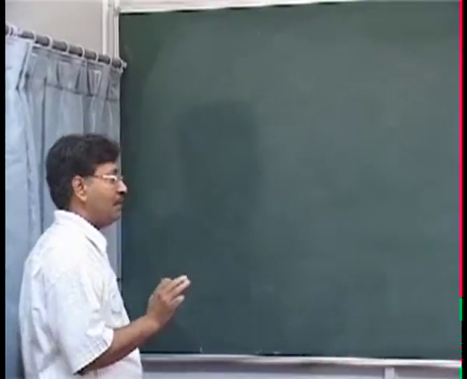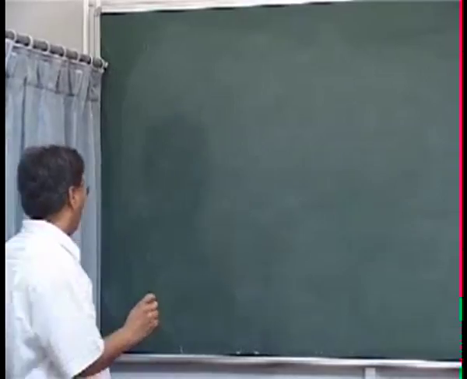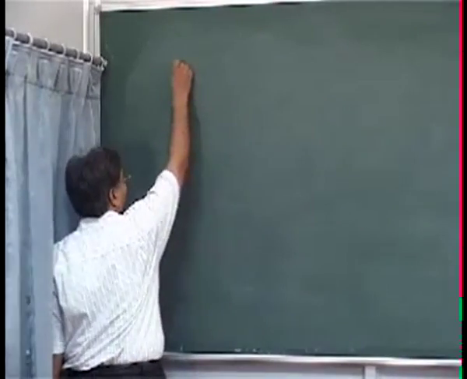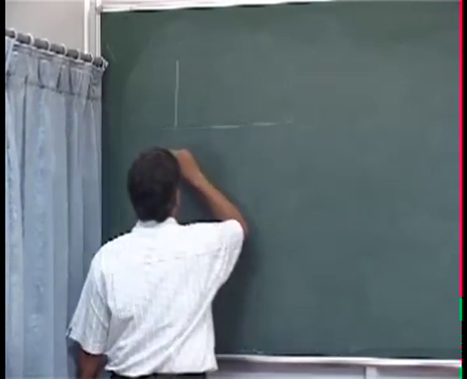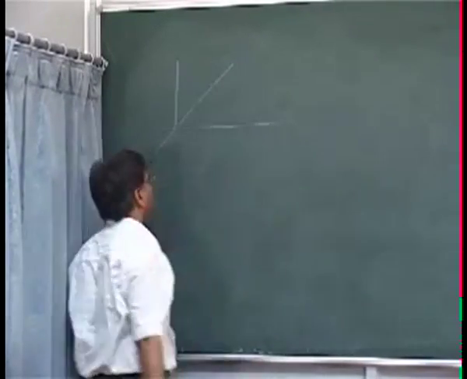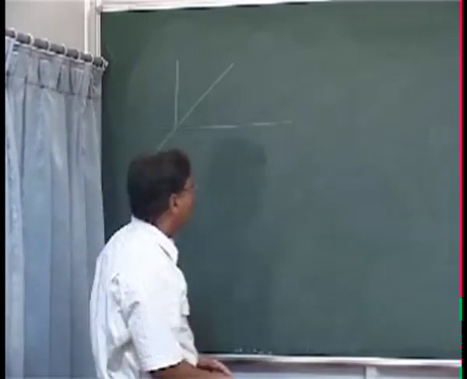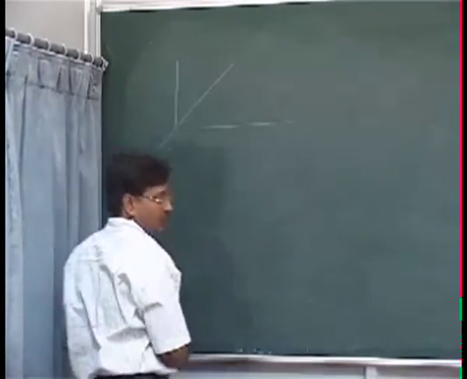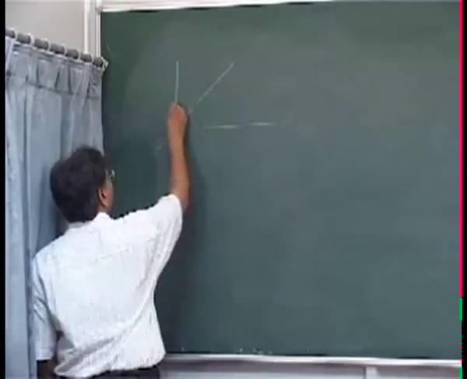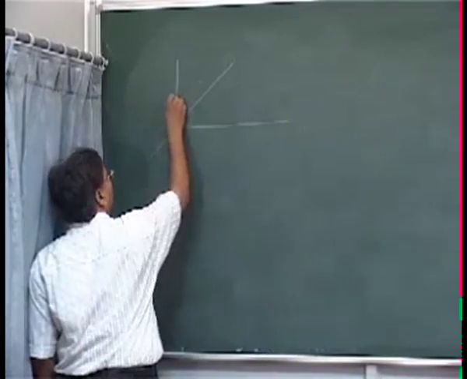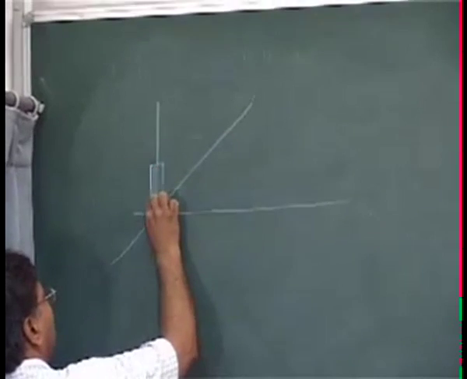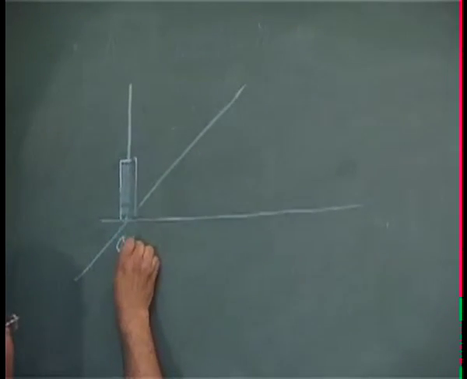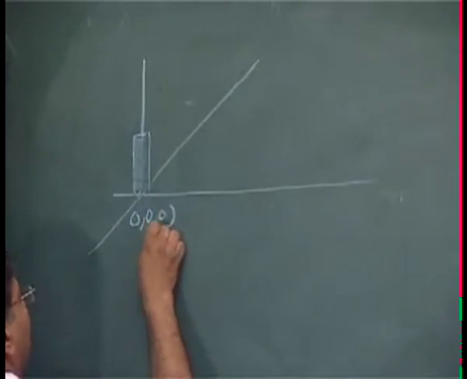Now, let me draw the picture, that is even better. Suppose I have a chimney and this coordinate is 0, 0, 0.